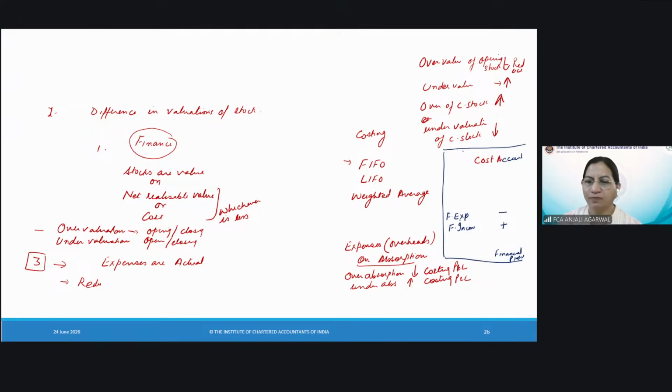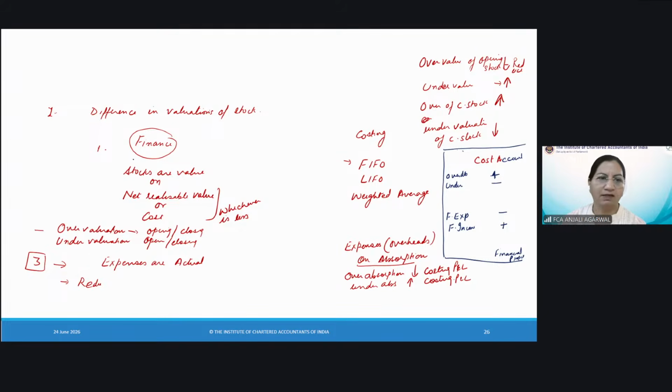If there is over absorption of overheads in costing, the profits have gone down in costing, so you will add. Under absorption, the costing profits have gone up because of the under absorption, so you will subtract to reduce them, right?